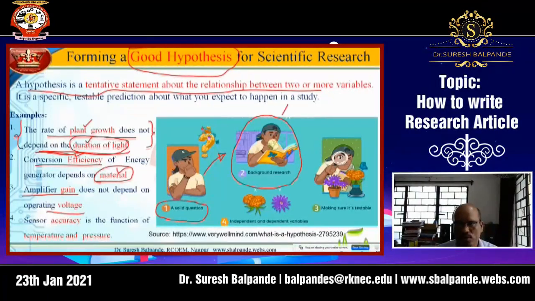This is many times also called literature survey, because you must know the current state of your research work or the question which you set, whether it is too old or a current one. That information you will get, and what kind of activities are going on, what kind of work has been completed by other researchers, that information you will get out of this activity.